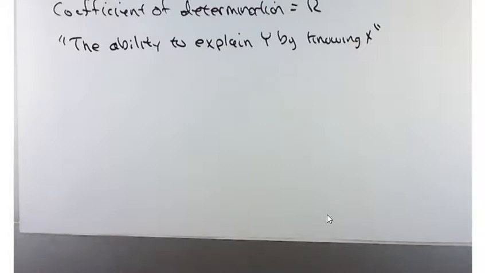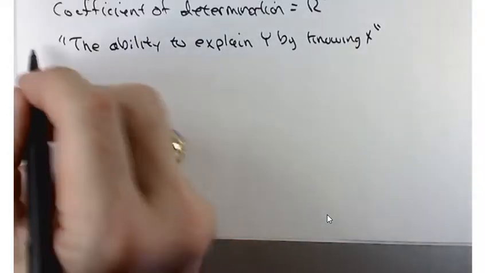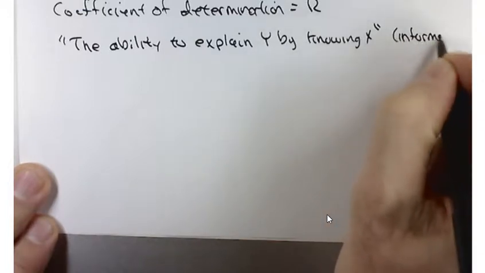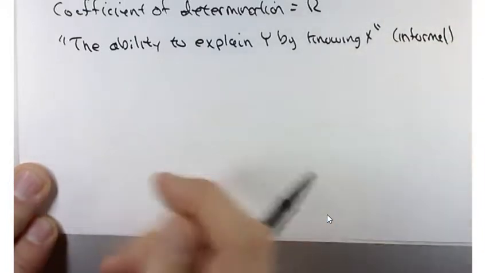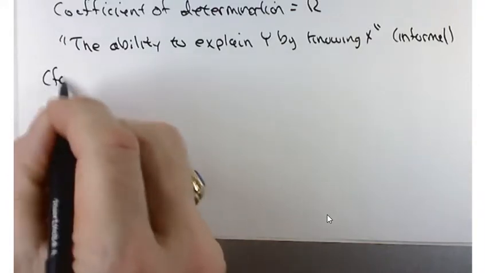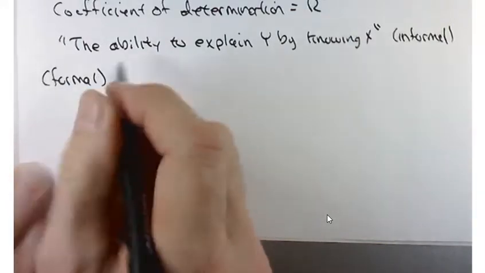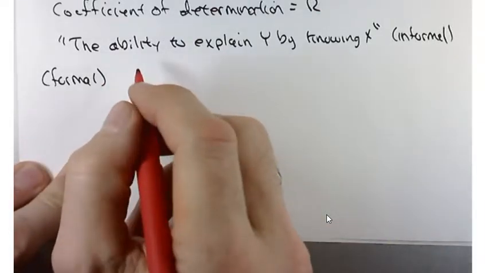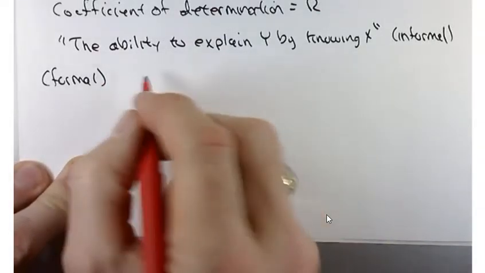Let's give you something a little bit more formal and to the point. A little bit more formal would be the percentage of variability in y that is explained by knowing the value of x.